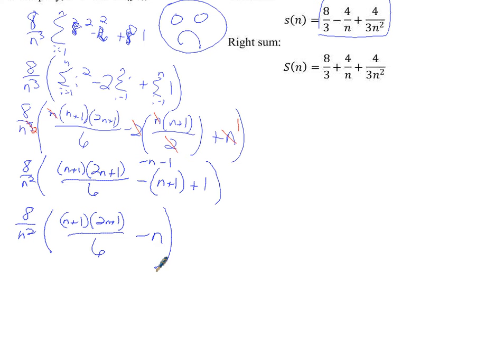Now what? Distribute what? So you want to FOIL? We should FOIL. 8 over n squared times, FOIL this, plus 3n plus 1 over 6 minus n.